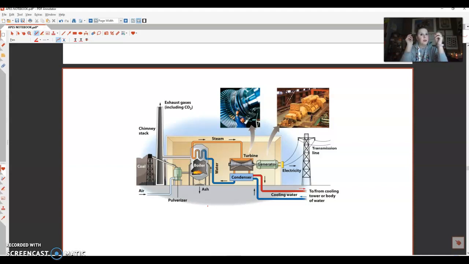It's the same pretty much for everything. Okay, so let's look at how this works. Okay, so here we have our coal. All right, so our coal is going to be essentially, after it's pulverized, you've got to smash it into smaller pieces. It's going to be burned. Okay, so the fuels are burned to create heat.